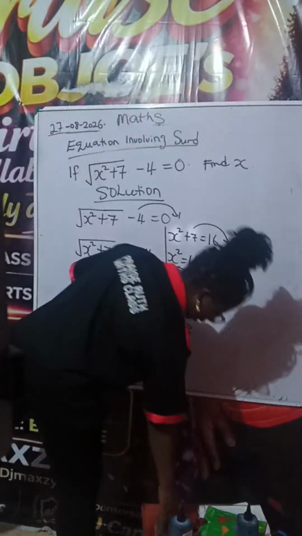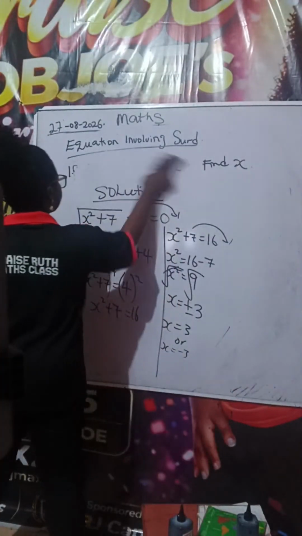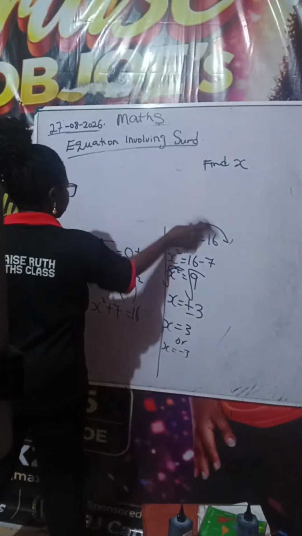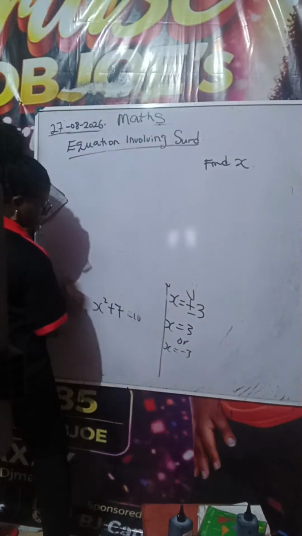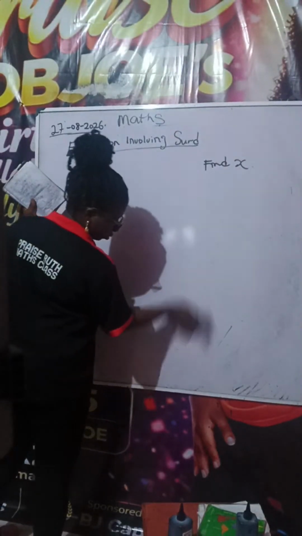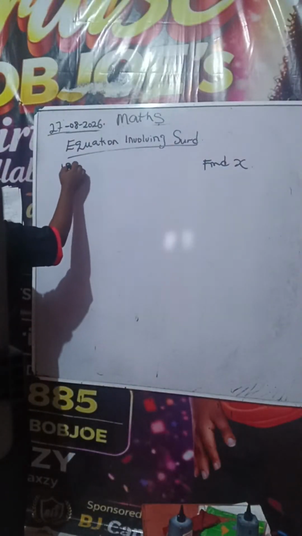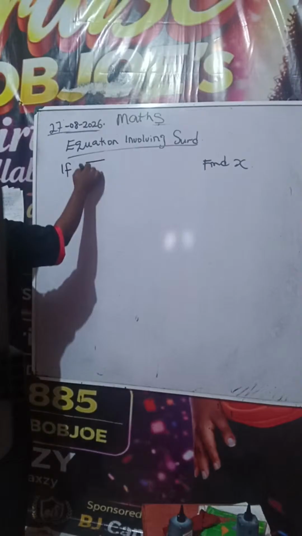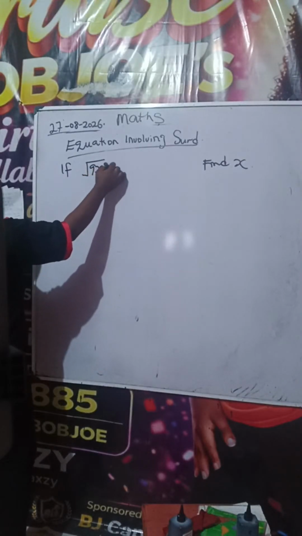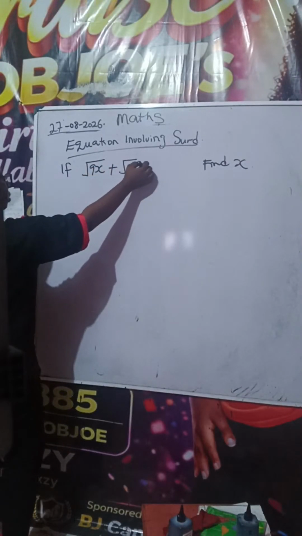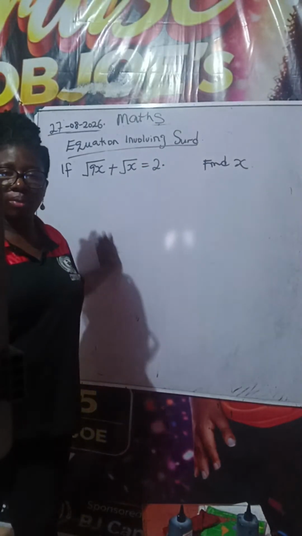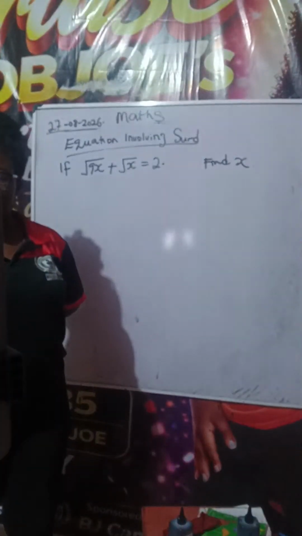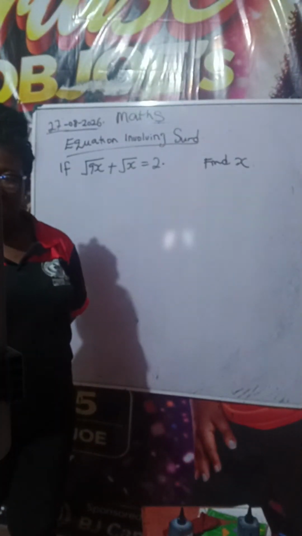So look at this one. Let's see. I have this. It says if root of 9x plus root of x is equal to 2, now find x. So how are we going to solve this one? Look at it.